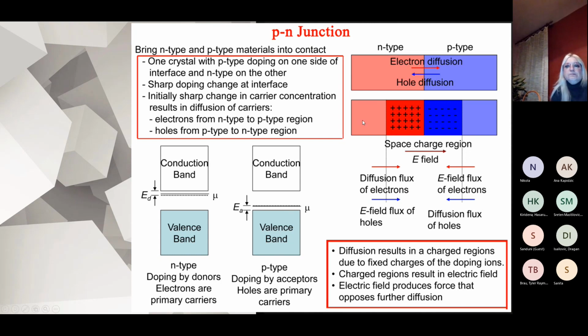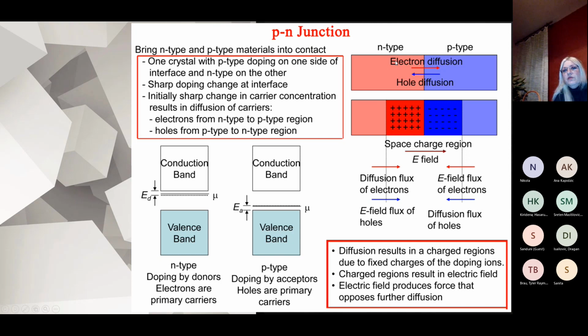And now we're going to see what will happen when we connect an N-type semiconductor together with a P-type semiconductor. So we said that the first thing we're going to explain is diffusion.